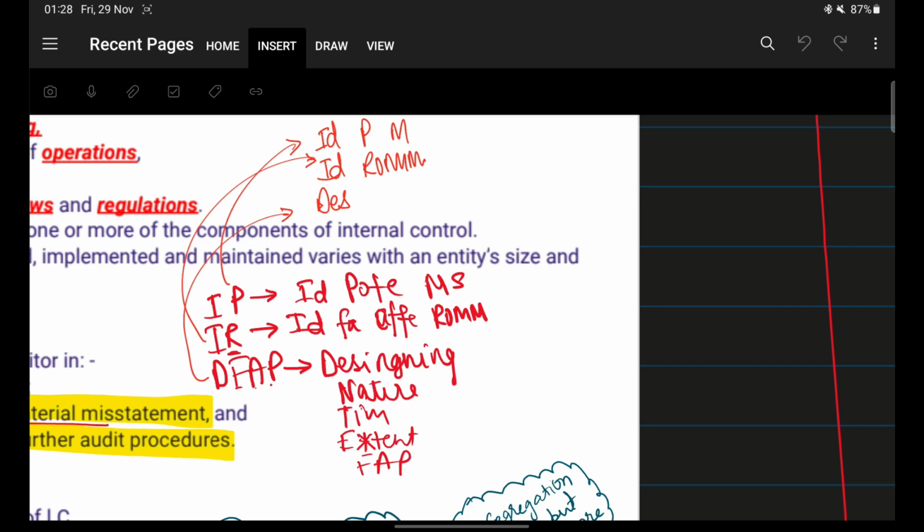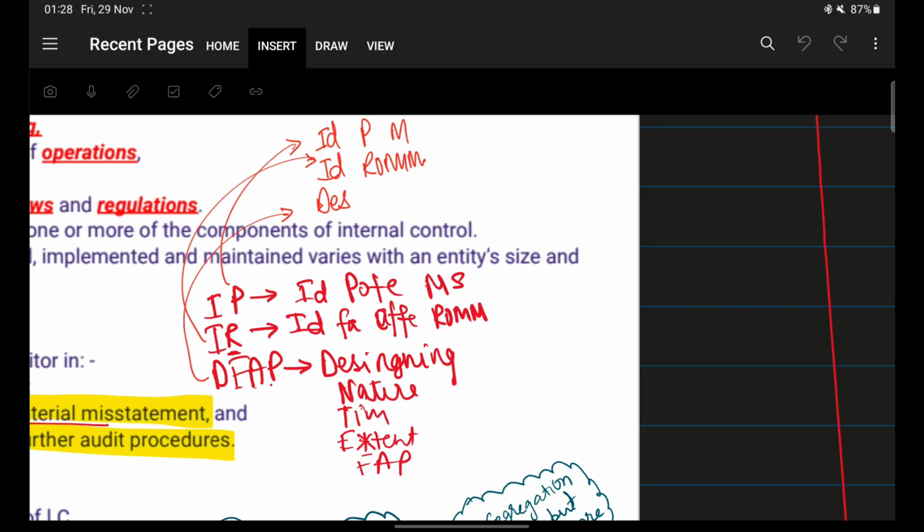Okay, if they affect my risk of material misstatement, then I'm going to change my further audit procedures, right? Very simple. Identifying potential mistakes, identifying factors affecting risk of material misstatement, and lastly, it is designing the nature, timing, and extent of further audit procedures. Fairly simple. So these are the benefits.